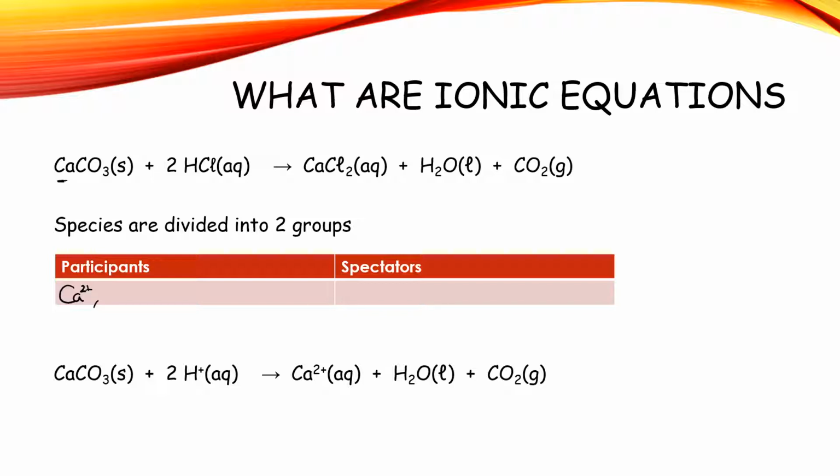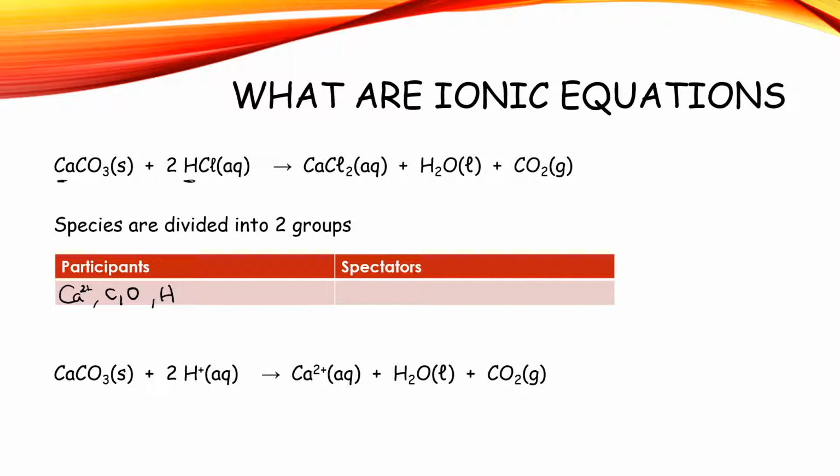If you look at the carbonate ions, it actually breaks down. So the carbon and the oxygens in the carbonate are participating because they're breaking down. If you look at the hydrogen ions, the hydrogen goes from hydrogen ions here to water. So it's actually changing its form, so it's a participant.